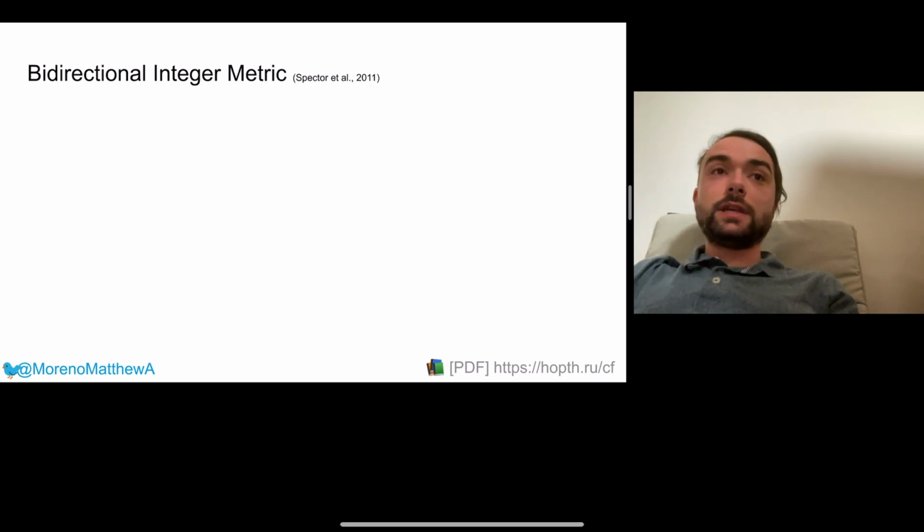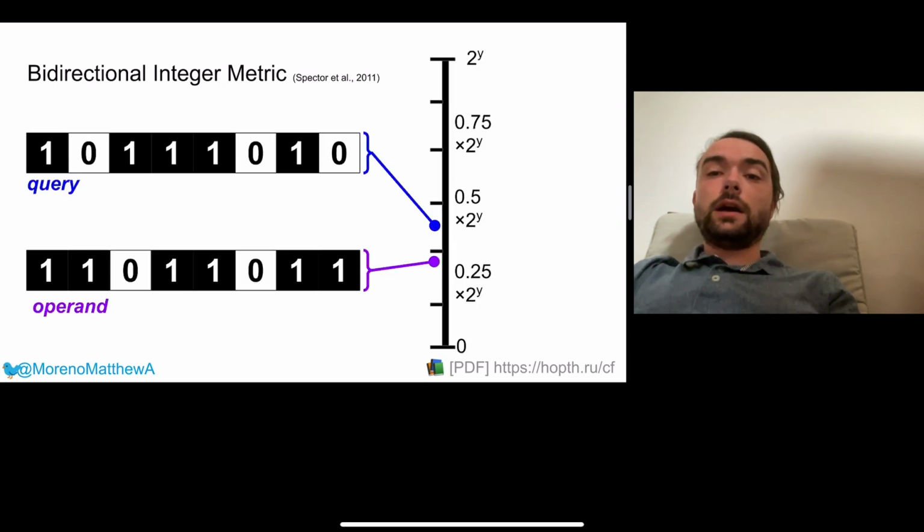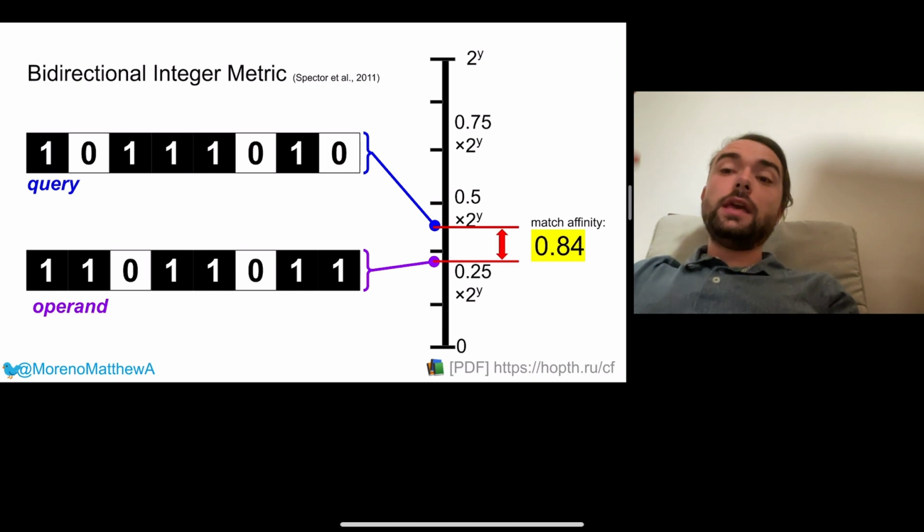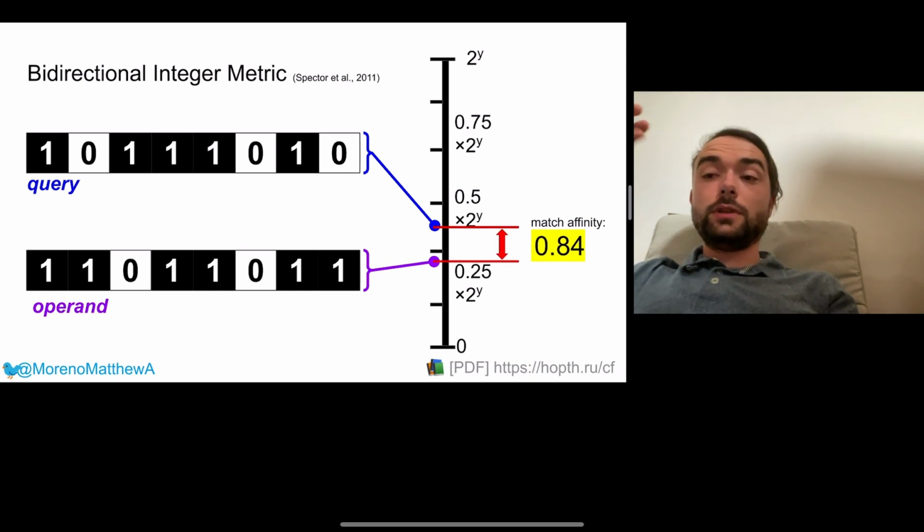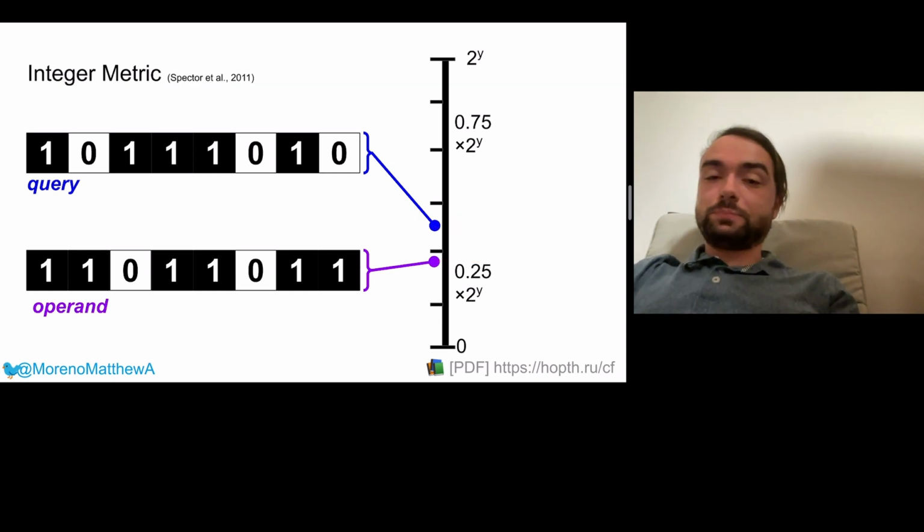We also investigated integer metrics that have been used by Lee Spector and collaborators in PushGP. These metrics take the integer representation of a tag, map it onto the integer number line, and the proximity of these two integers gets you the affinity.